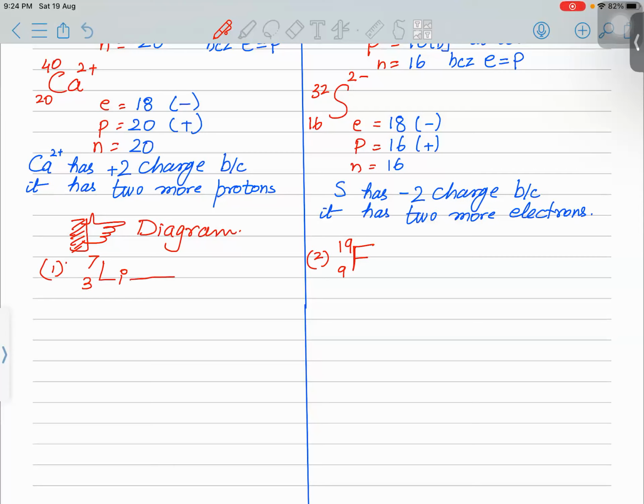Now one electron is removed. It has the same electronic configuration but with the positive charge. Similarly, fluorine gets one more electron. Configuration is the same, but it has negative charge.